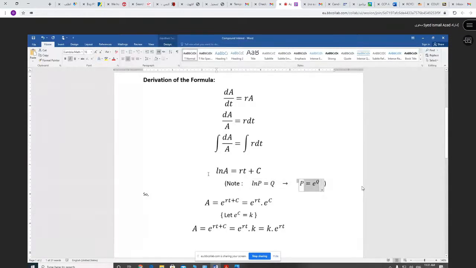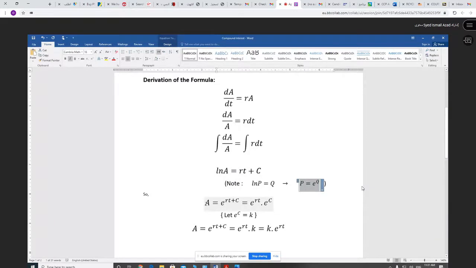So let me change this logarithmic equation into the exponential equation. You see this A, I will leave it as it is. And I told you the right hand side will go to the power of e, exactly like this form. On the right hand side, I had RT plus C. It will go to the power of e.